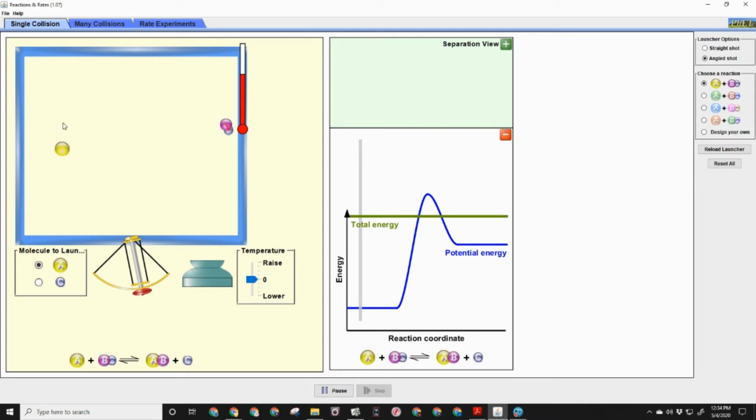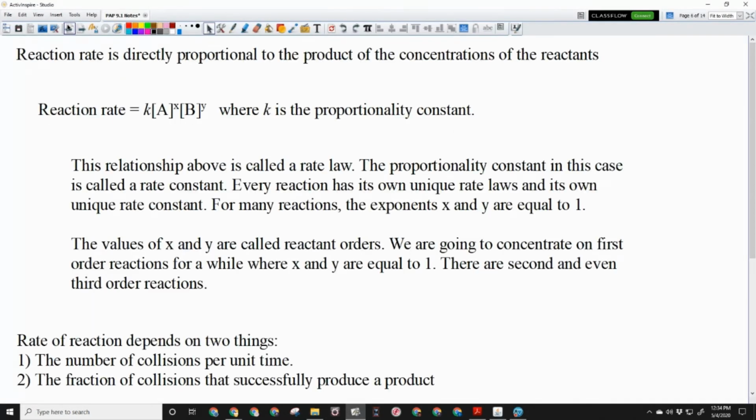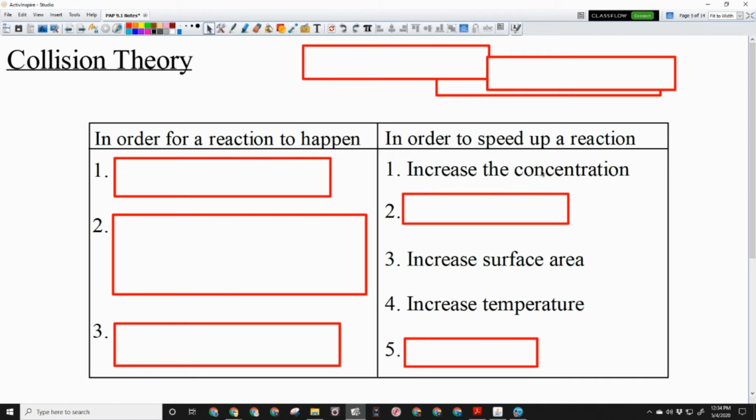So how do we increase the rate of this reaction? Well, here we have the second tab, where the first was a single collision. Now this is many collisions. So if we look back, we can see here that increasing the concentration is going to increase the speed of the reaction.